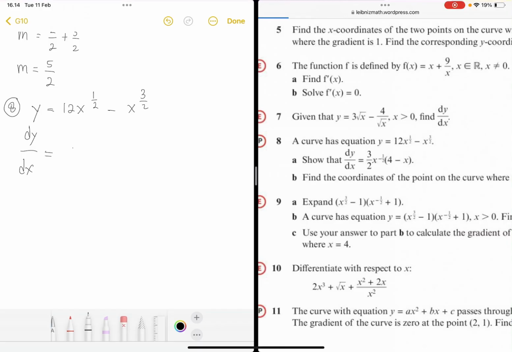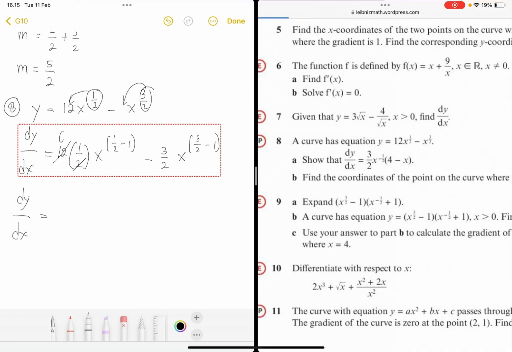It's going to be 1 over 2 multiplied by 12, x to the power of 1 over 2 minus 1. Here 3 over 2 multiplied by 1, x to the power of 3 over 2 minus 1. So the dy/dx will be 12 divided by 2, 6.